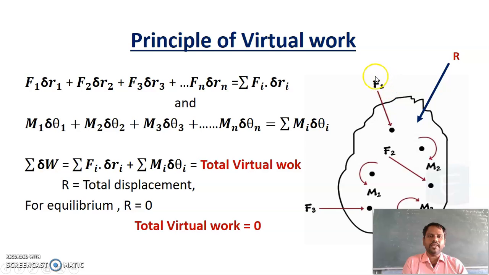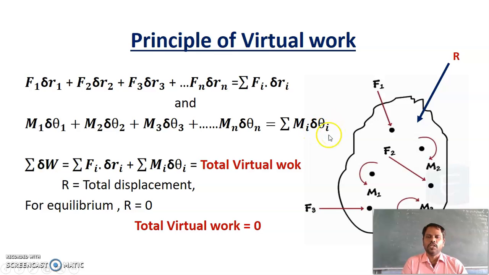The work done by the linear forces is the sum of the force times their virtual displacement. The total virtual work due to linear forces is the summation of Fi dot delta ri. Similarly, the total work done by the moment couple by angular displacement is given by the summation of Mi delta theta i.